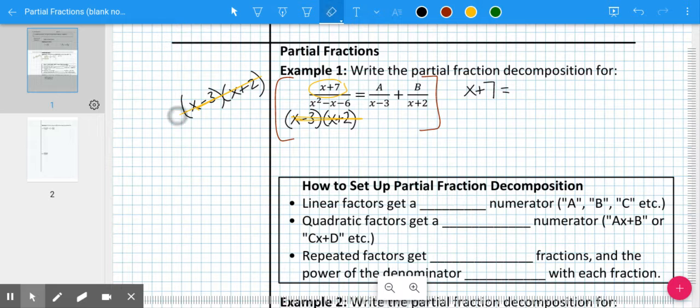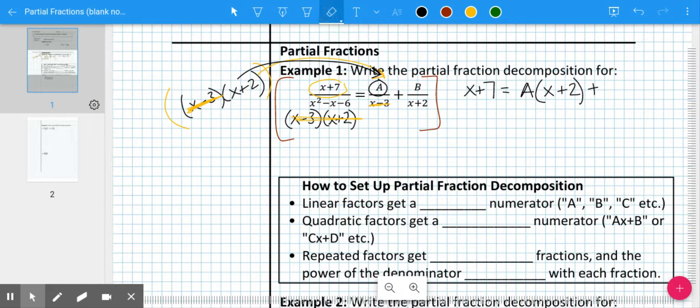On the right side, when I multiply this entire denominator to the right side of the equation, I'm going to go to this one first. For the first fraction, the x minus 3's will cancel, but I will still have an x plus 2. So I have the A from the top, and this x plus 2 gets distributed to it. Let's do this again for the second fraction.